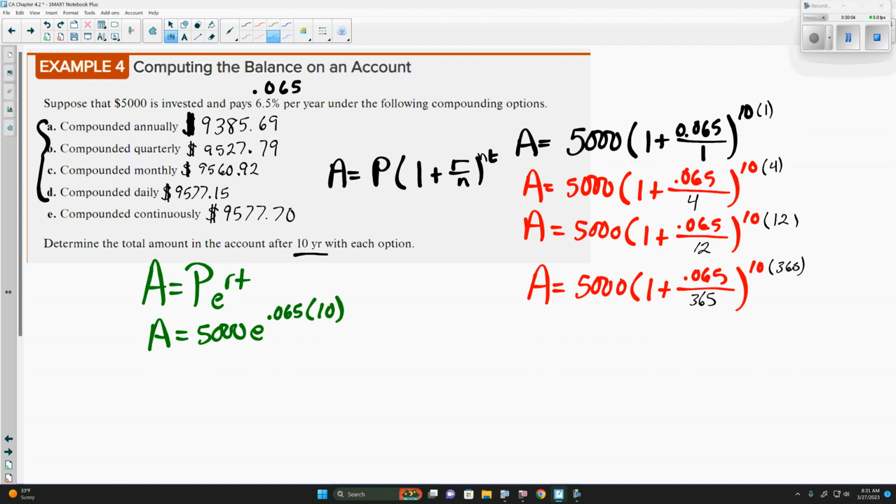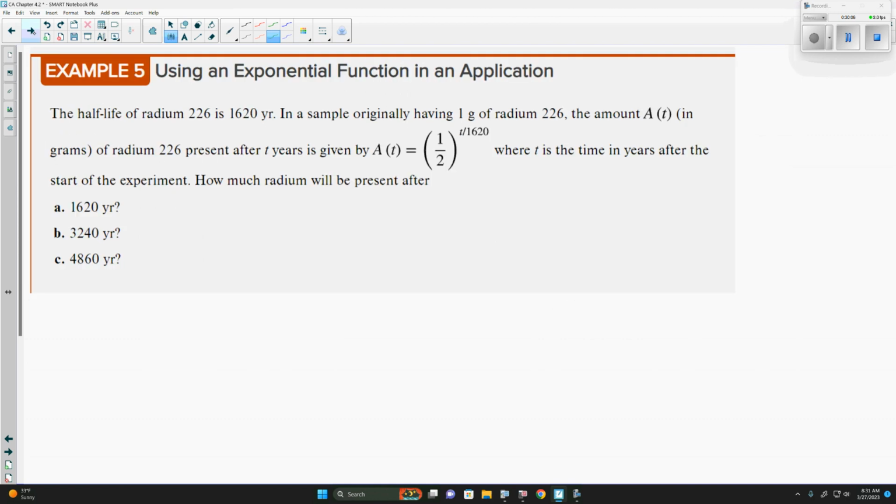Questions on any of this here? Now, a lot of the other problems that give us equations are just plugging in the information that we are given. So if we look at this here, the half-life of radium-226 is 1,620 years. In a sample originally having 1 gram of radium-226, the amount A at T in grams of radium-226 present after T years is given by this half-life equation, where T is the time in years after the start of the experiment.